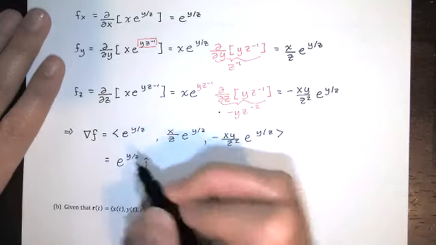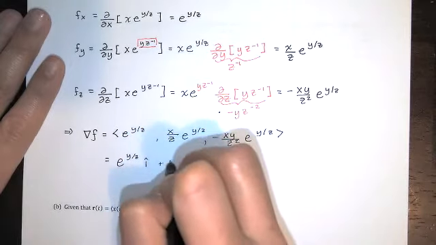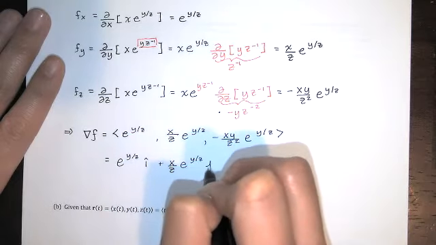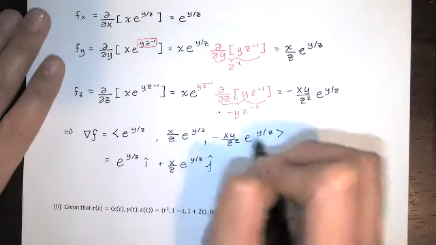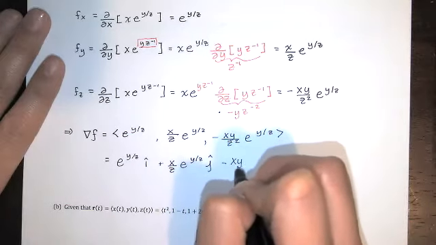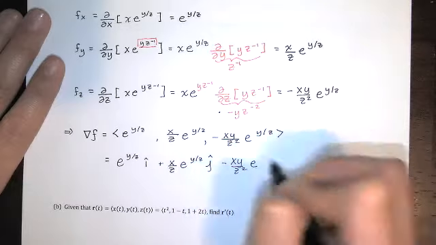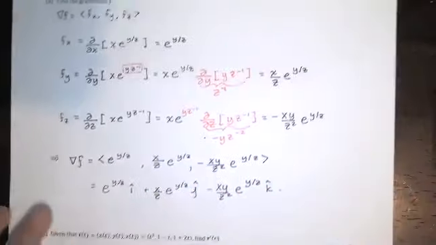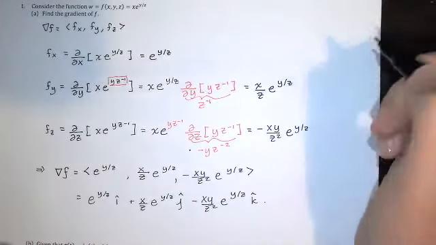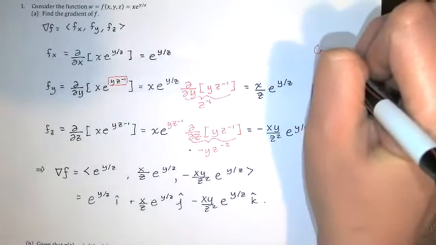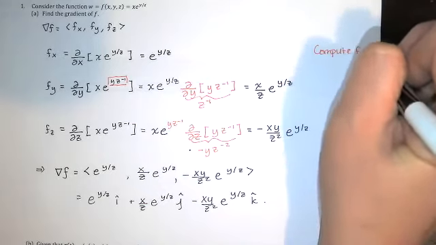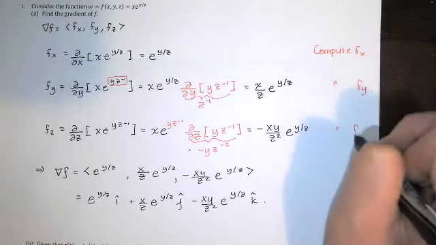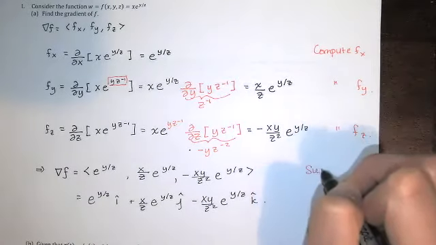So I've got this component times i hat plus the second component times j hat plus the third component, which is negative, so we're subtracting the third component times k hat. Okay. So we really just compute those three partials.